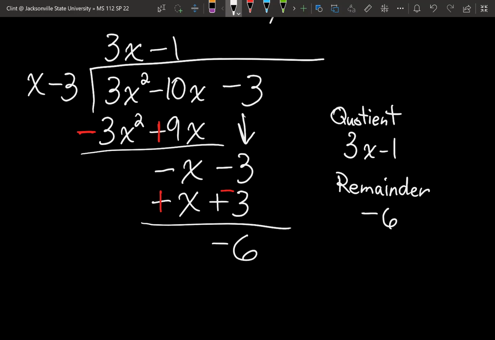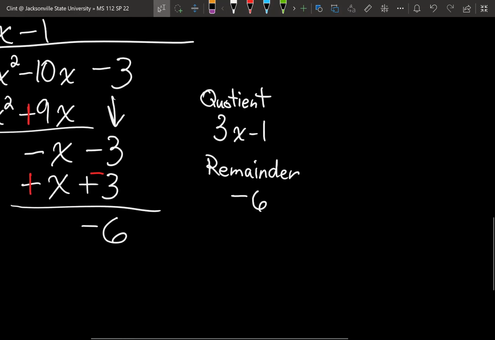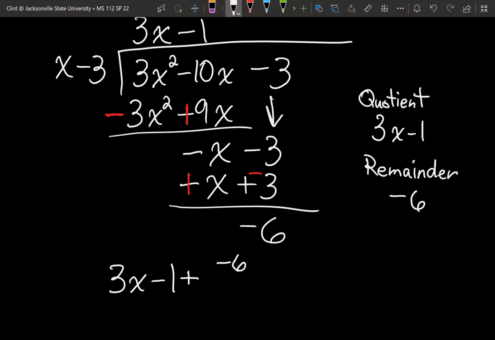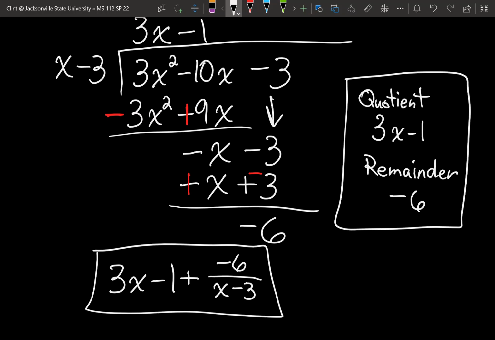Or another way we could write that down is we could say we got 3x minus 1, and then always a plus, the remainder, which was negative 6, over the divisor, which was x minus 3. So either like that or like that.